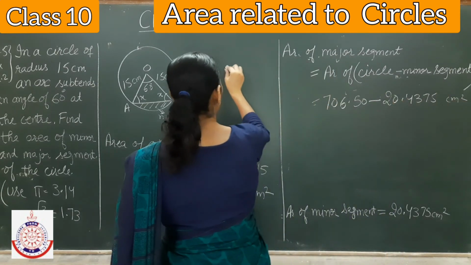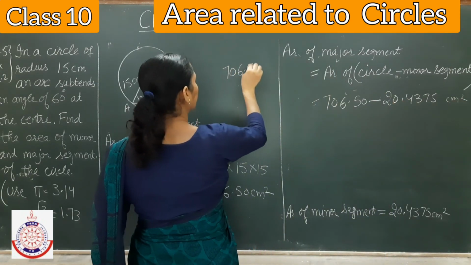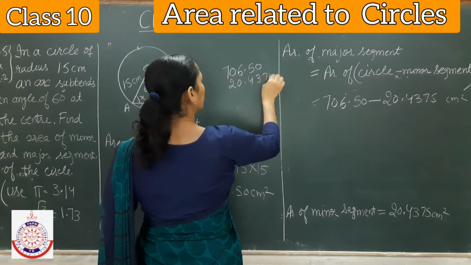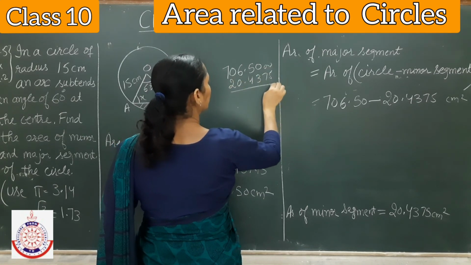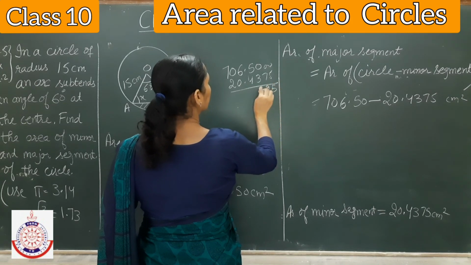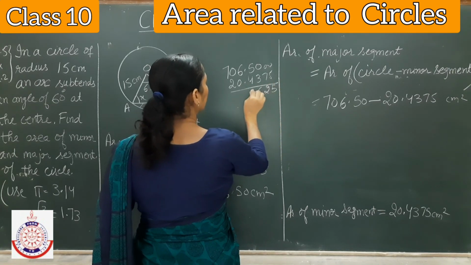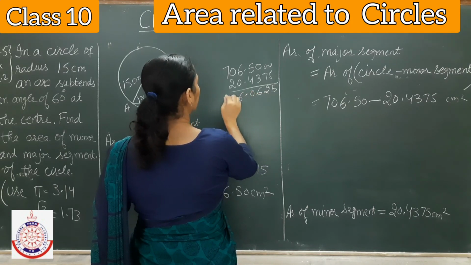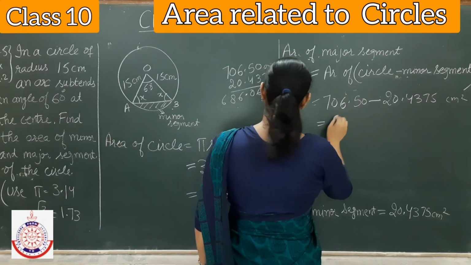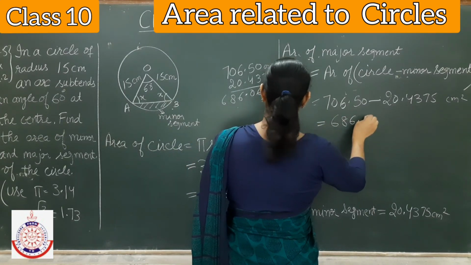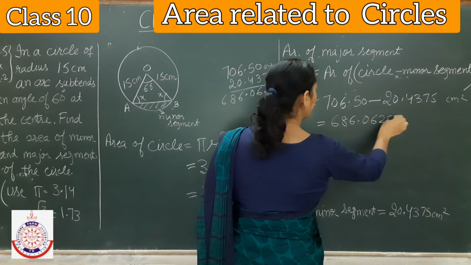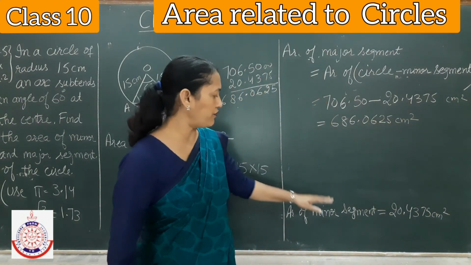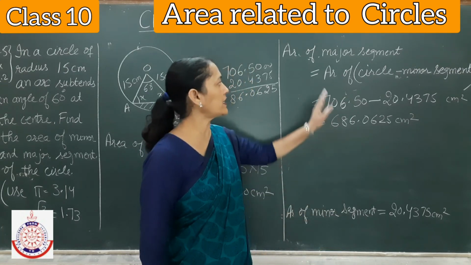And after subtraction we will be getting 686.0625. So we have obtained area of minor segment as well as area of major segment.